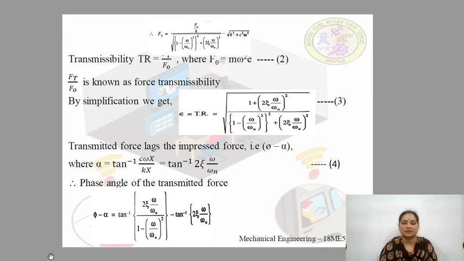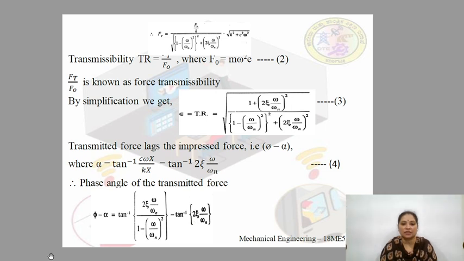In this equation, the force transmitted Ft becomes F naught by K divided by square root of (1 minus (omega by omega n) square) whole square plus (2 zeta omega by omega n) whole square, into under the root k square plus c square omega square. Therefore, the transmissibility ratio Tr will be equal to Ft by F naught, where F naught is nothing but m omega square E. Let us call this equation number 2.